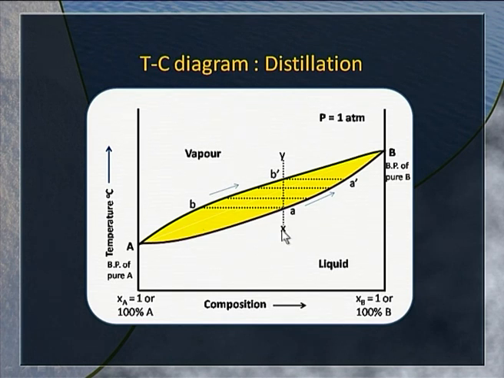Now, for our discussion, let's start with a liquid of composition X and heat it. When we reach the point A, it starts boiling. The vapors emerge out.